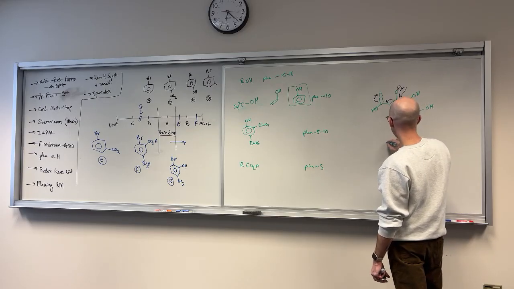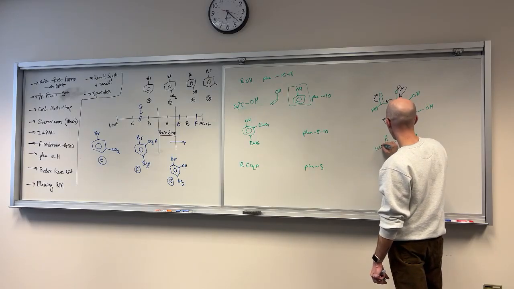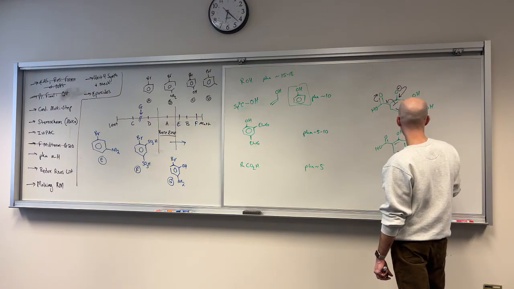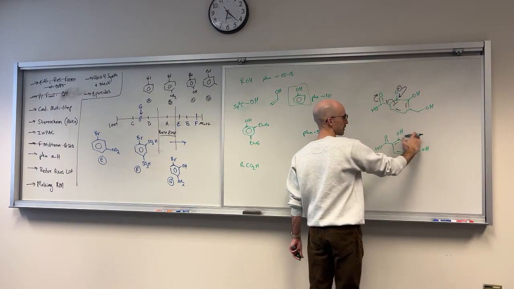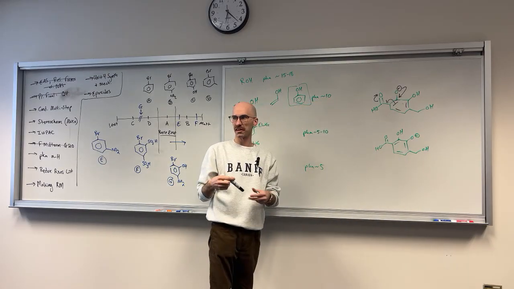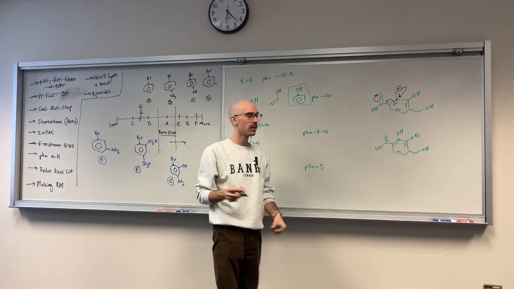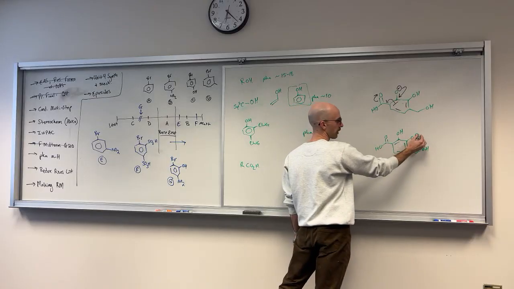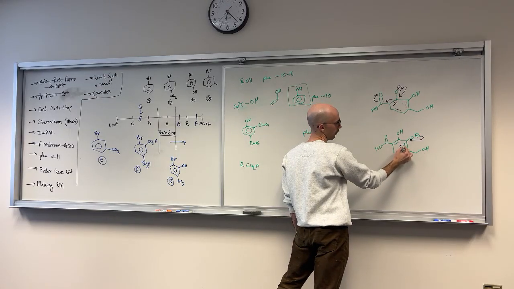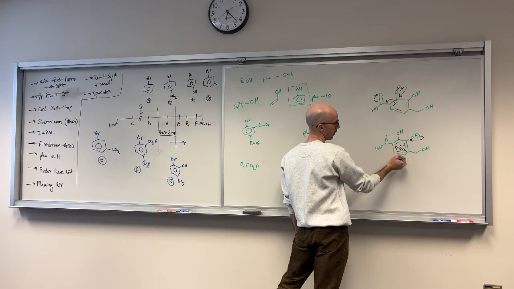And now when I do the same thing with the other phenol, erase its hydrogen, put a negative charge there, and try to share that negative charge with the electron withdrawing group: form a pi bond, move a pi bond, move a pi bond.